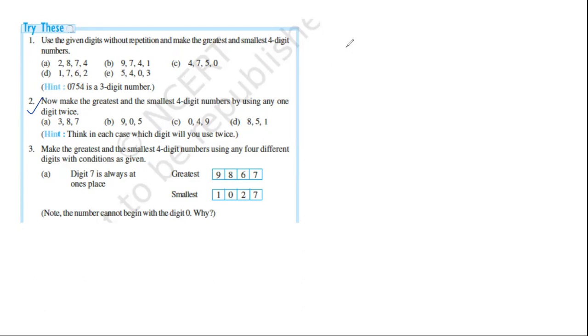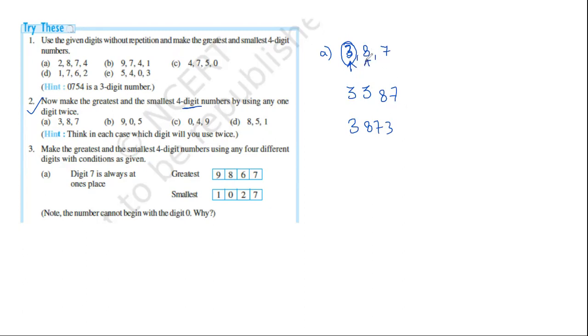That means, let's take this example only so that it won't sound difficult. He's saying you can pick any one digit. Any one digit you pick. Okay, let's say I pick 3. Now you can use it twice. That means if I'm making a 4-digit number, I can write it in this way: 3387, or else 3873, any way.